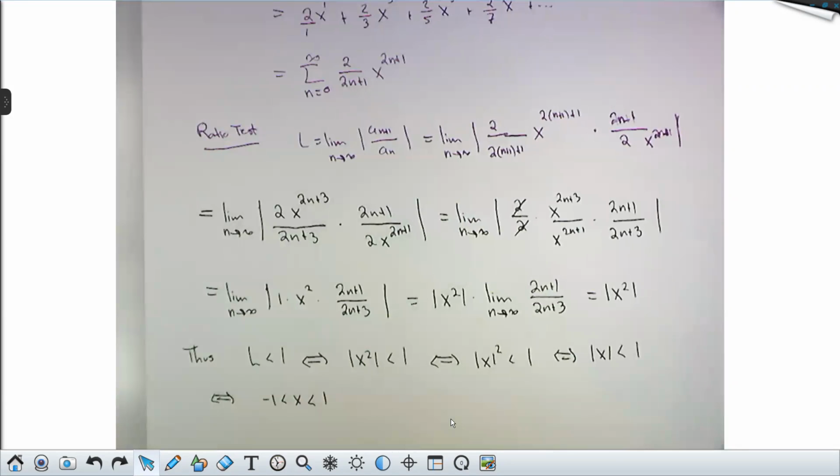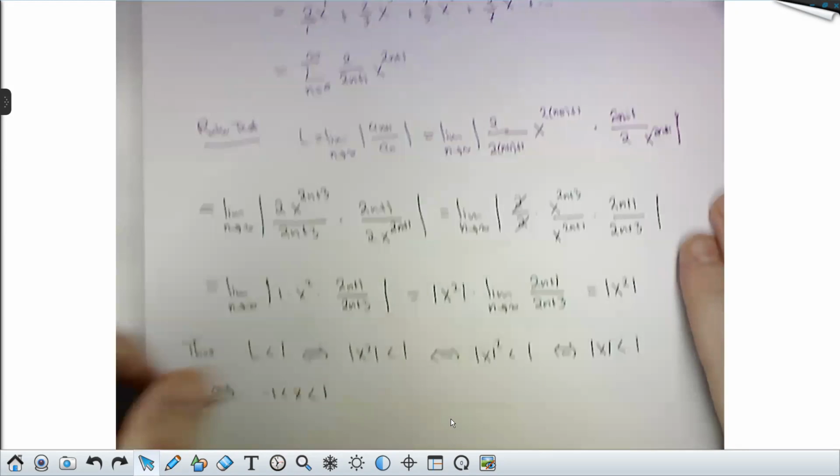So my radius of convergence is definitely 1. The series is centered at 0, and I can walk to the right and to the left no more than 1. And I need to check the endpoints.